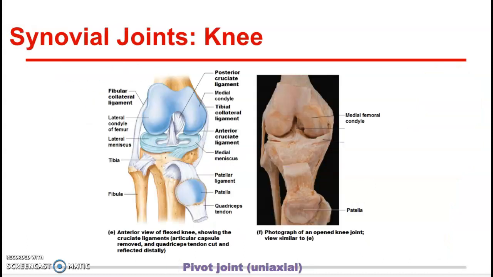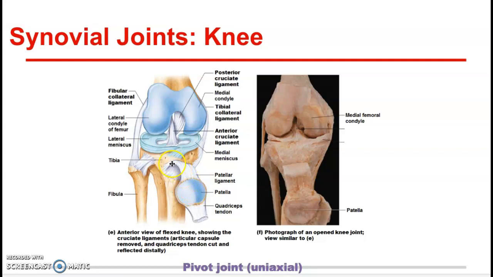The last thing I want to do regarding articulations is look at the knee, because the knee joint experiences many, many injuries that are pretty significant and often require surgery. Here we are looking at the knee, and the kneecap, the patella, has been pulled back.